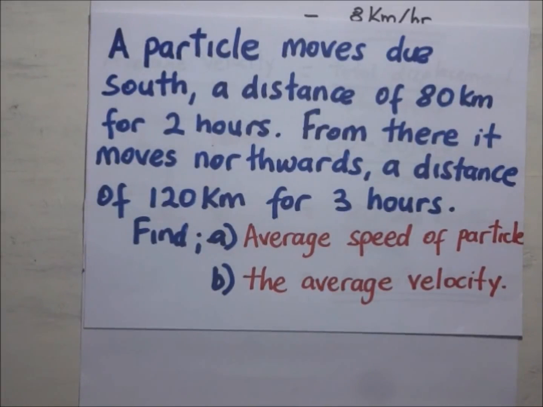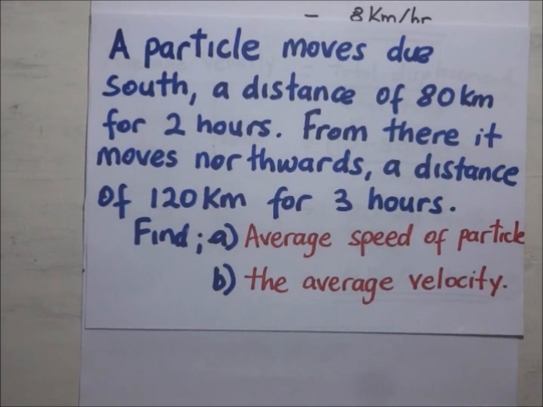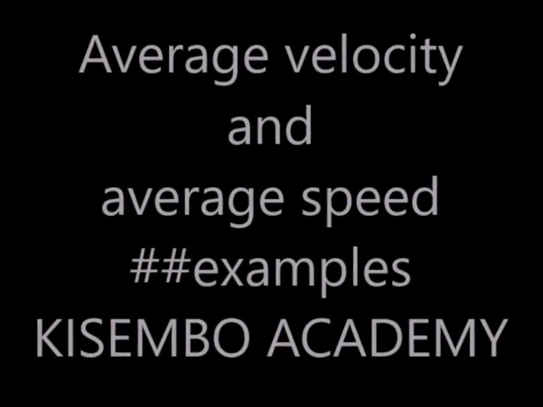A particle moves due south a distance of 80 kilometers for 2 hours. From there it moves northwards a distance of 120 kilometers for 3 hours. You could go out and try out that number. The average speed I expect you to get is 40 kilometers per hour, and the average velocity I expect you to get is 8 kilometers per hour in the north direction.